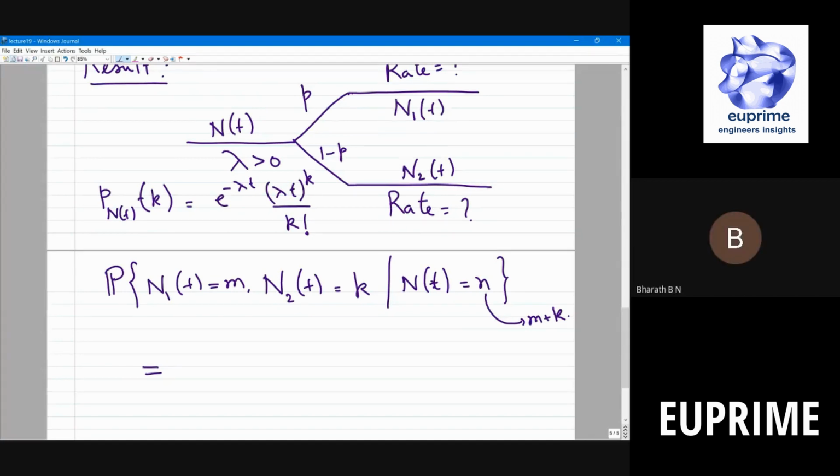What is that? It's the probability of N1 of t equals m, comma N2 of t. That's correct. But what can you say about N1 of t and N2 of t? Sir, N1 and N2 are Poisson processes, they are independent. No, N1 and N2 need not be independent, right? So why do you say that they are independent? No, sir, N1 and N, and N2 and N.